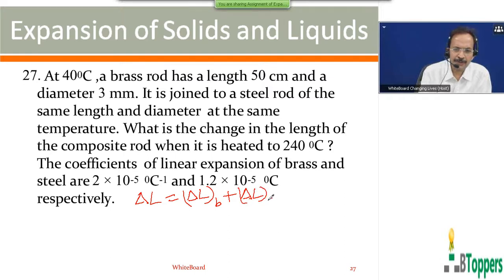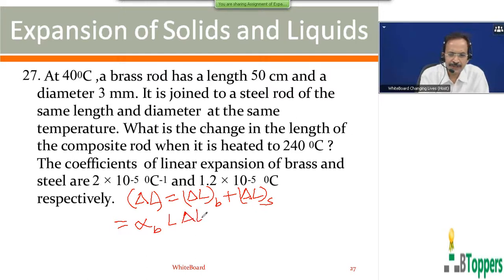Delta L subscript B represents the change in the length of the brass rod, delta L subscript S represents the change in the length of the steel rod, and delta L on the left side represents the change in the length for the combination. The change in length is equal to alpha into original length into change in temperature. The original length of each rod is the same and the temperature of each rod is changed by the same amount.